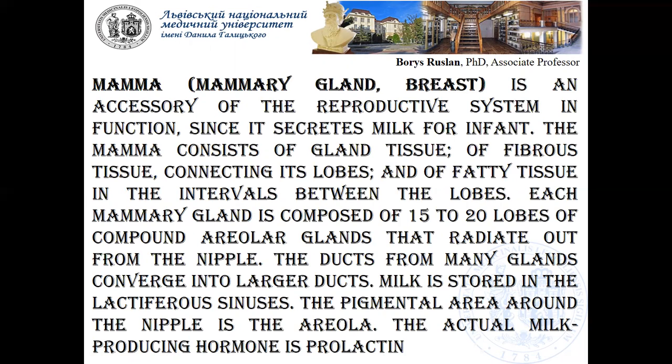The ducts from many glands coalesce into larger ducts. Milk is stored in the lactiferous sinus. The pigmented area around the nipple is the areola. The actual milk-producing hormone is prolactin.